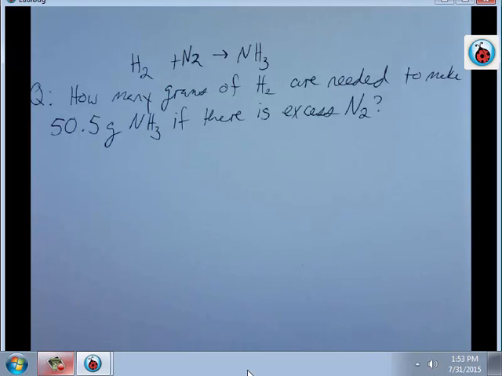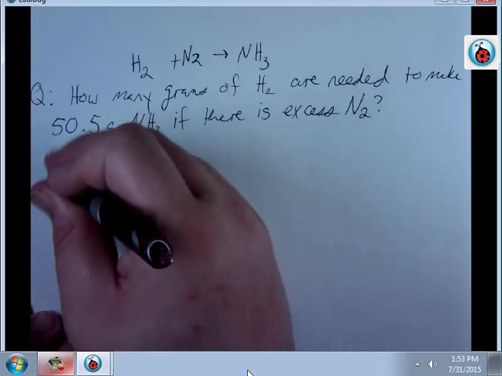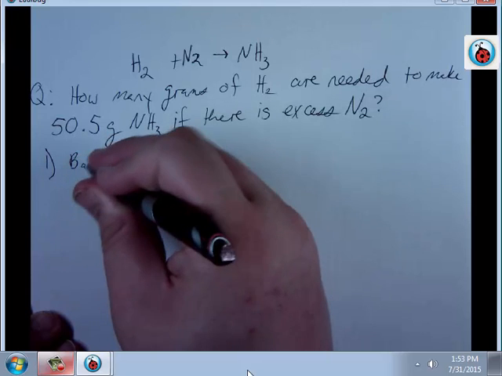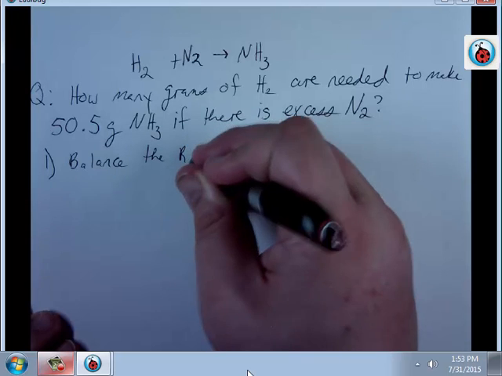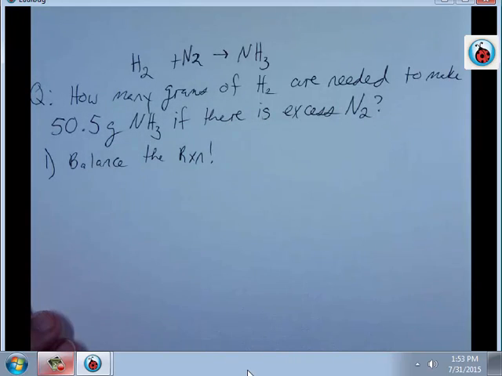Now, like I was saying before, there's a process for everything. So first, balance the reaction. You cannot do anything else until you balance the reaction.